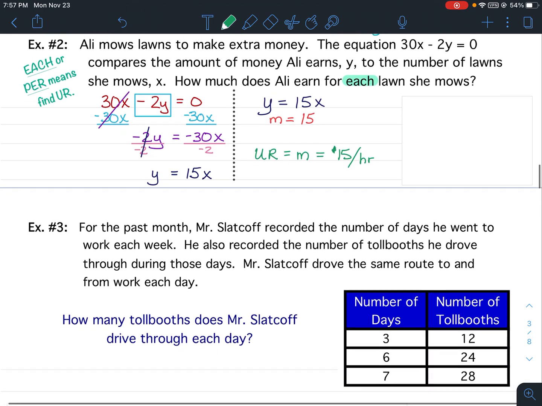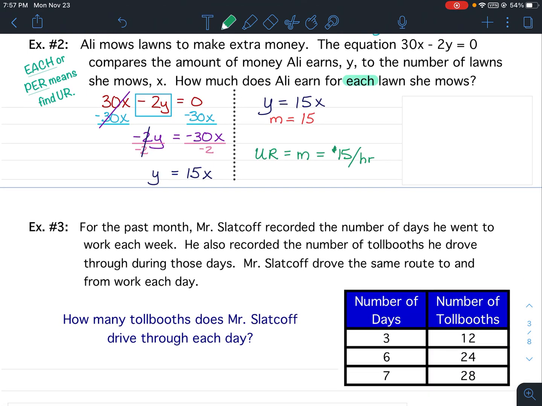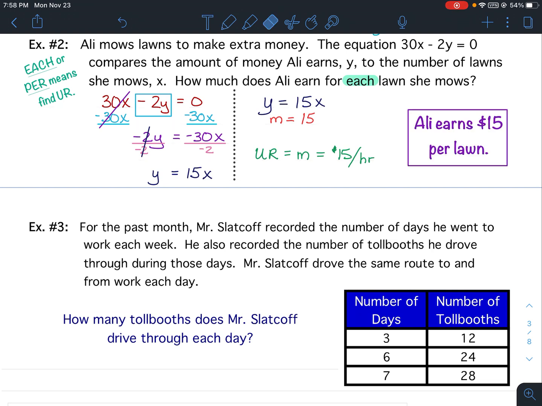But since it was a word problem, I answer it using words. So my final answer is Allie earns $15 per lawn.